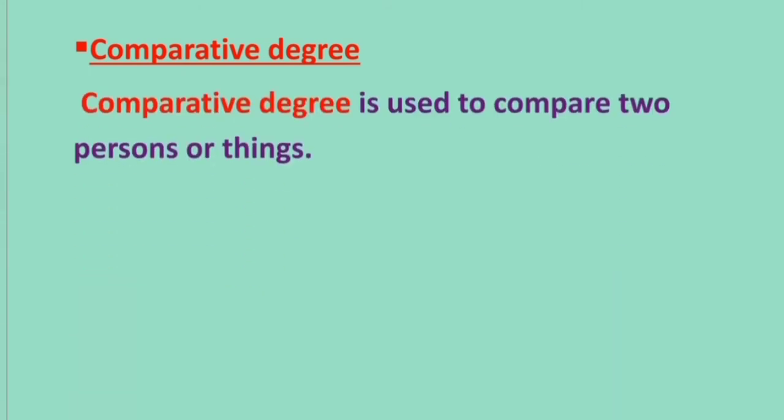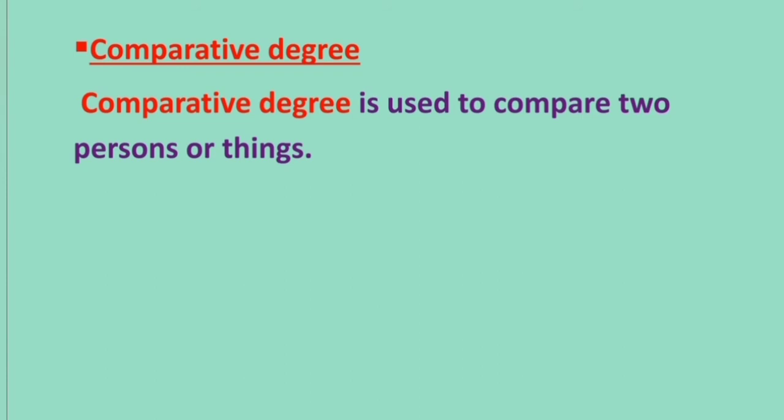Now come to the next. The second is comparative degree. Comparative degree is used to compare two persons or two things, or it denotes a higher degree of quality than the positive.